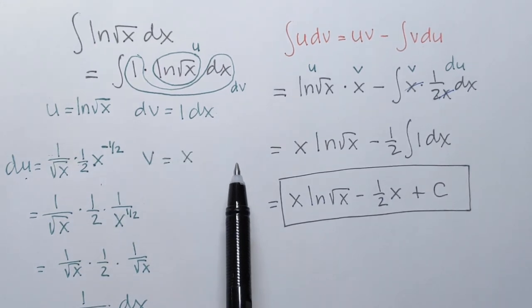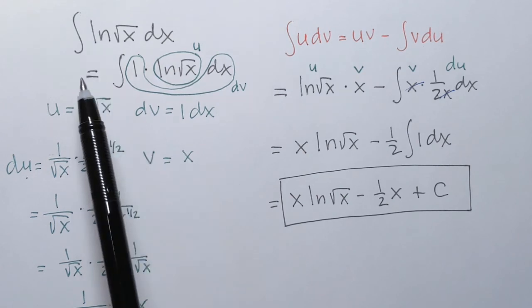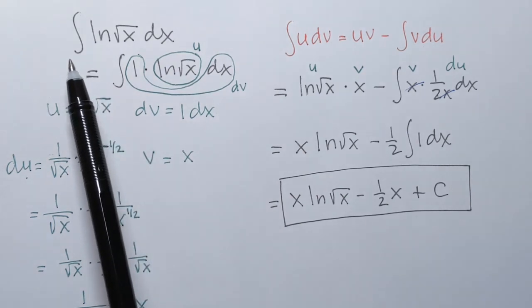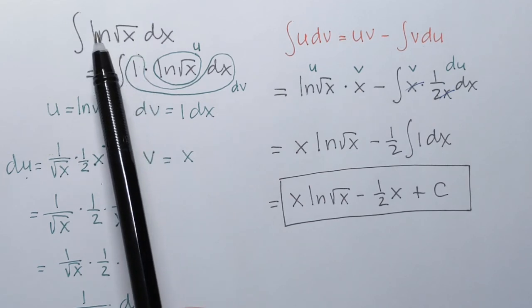So just to summarize what we've looked at. The main point of this example is to remind you that if you have to integrate a standalone logarithm, there is no basic rule for that.